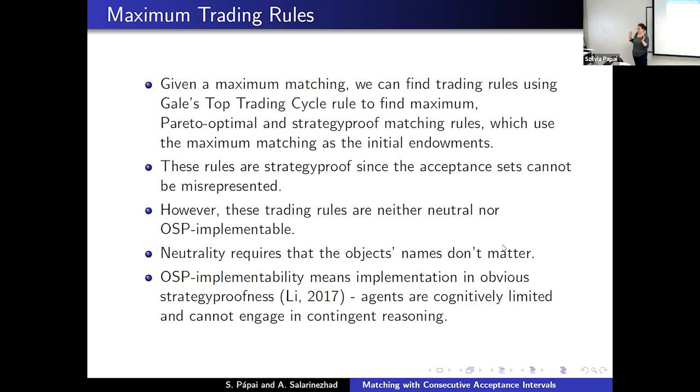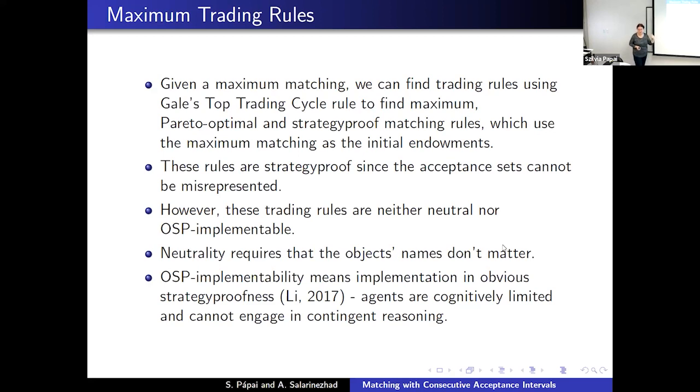But just to clarify, we are aware that we could simply take a maximum matching and use those as endowments and then use a top trading cycle. If you're not familiar with this, it's basically we just ask agents to point to the agent who is endowed with their highest-ranked object. We identify cycles and we assign those agents in the cycles their most preferred object.